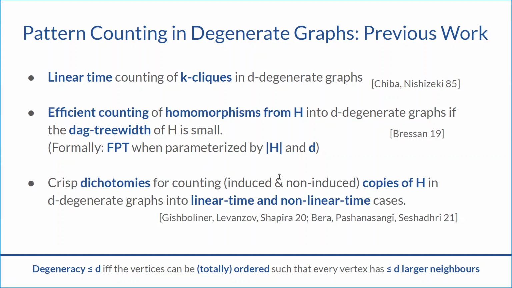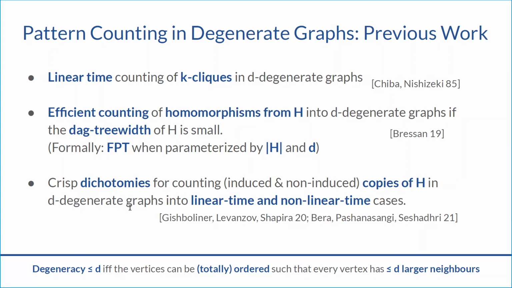Okay, and then last year and 2 years ago, independently from each other, Gishboliner, Levanzov, and Shapira, and Bera, Pashanasangi, and Seshadhri established a crisp dichotomy for counting induced and non-induced subgraphs isomorphic to H in degenerate graphs.